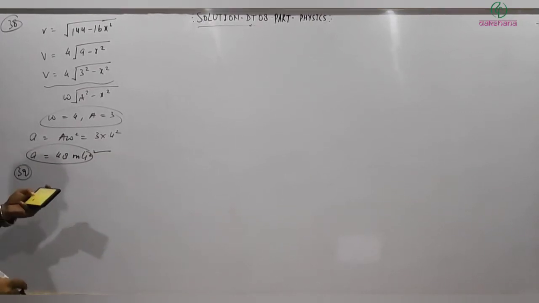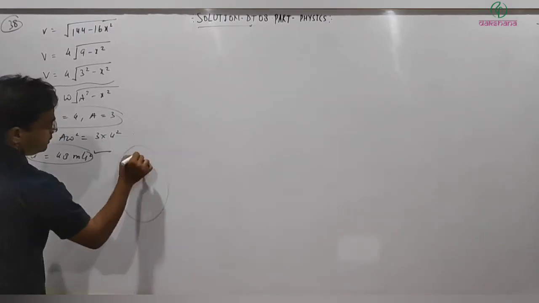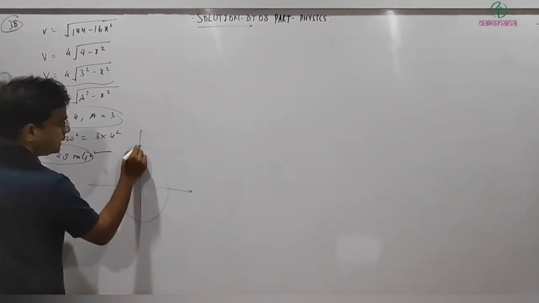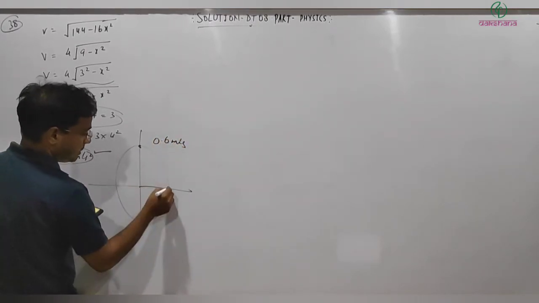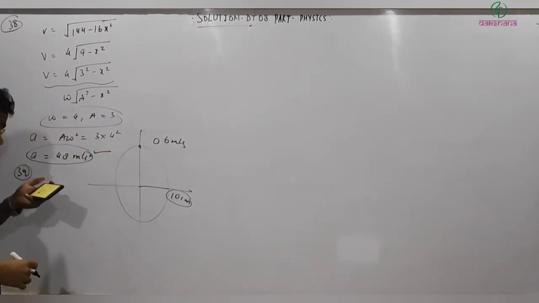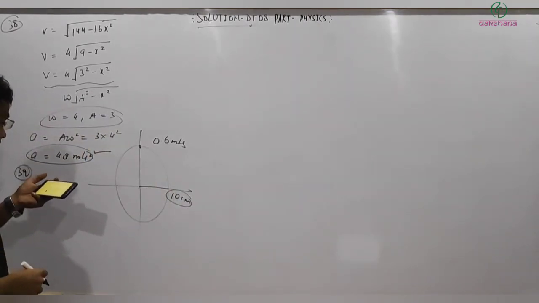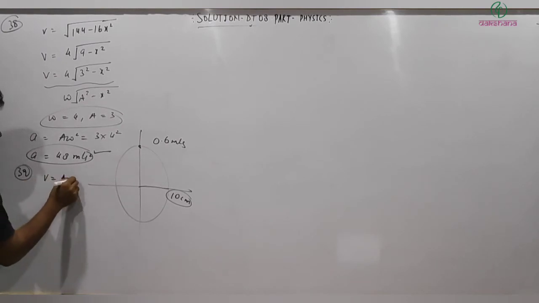Question number 39. The figure shows the displacement. So this is a figure. The maximum velocity is 0.6 meter per second. Maximum displacement is 10 centimeter. Find the time period, so we need to get omega. So we know v is equal to what? A into omega.